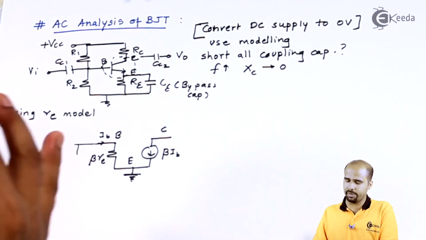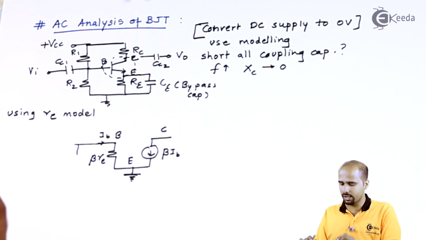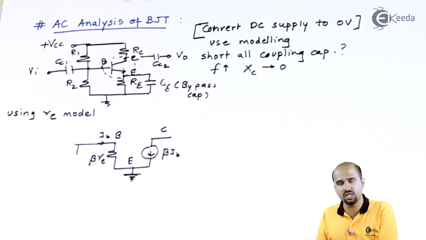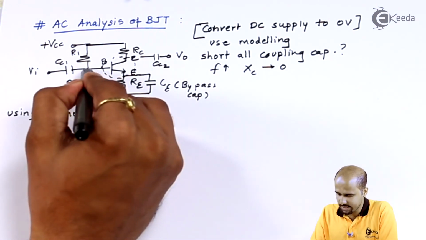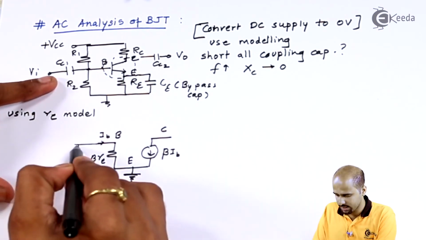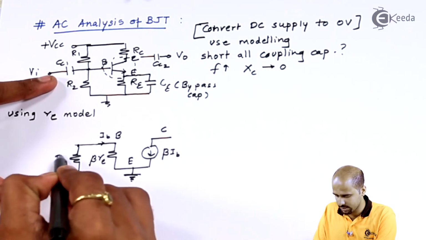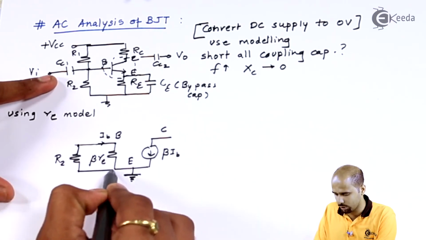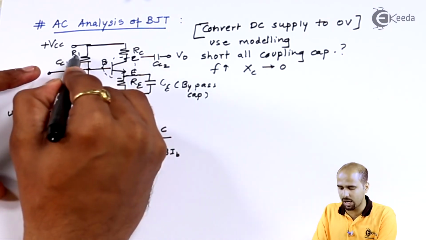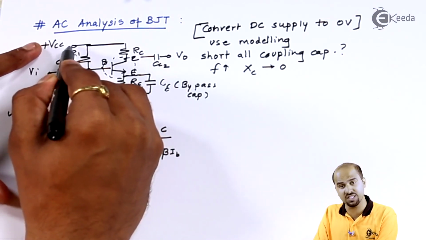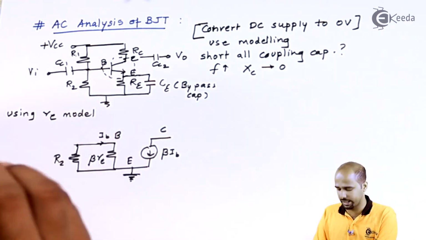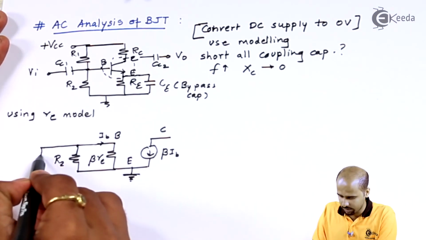Then we have to look at the base as well as the collector side, how I can draw each and every resistor, how I can connect each and every resistance towards the zero potential. So let's say the base is connected to R2 and R2 is directly connected to the ground. So here we will draw the resistance R2 connected directly to ground. Similarly, the base is also connected to R1, which is connected to plus VCC, and plus VCC is connected to the zero potential. That means R1 is also connected to ground, in parallel with R2.